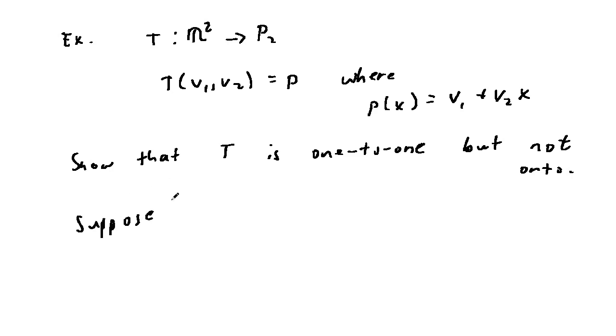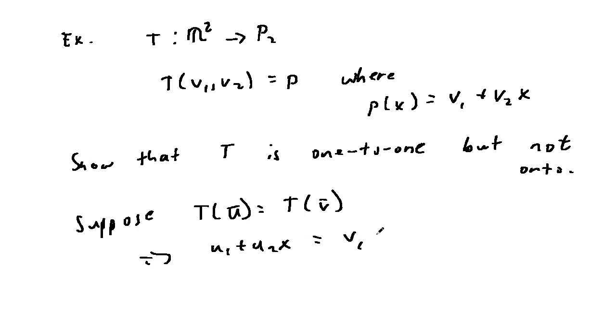Suppose T of U equals T of V. Then U1 plus U2x, that's the polynomial that we get for U, is equal to V1 plus V2x, the polynomial that we get for V. But if these two polynomials are equal, then their corresponding coefficients are also equal.